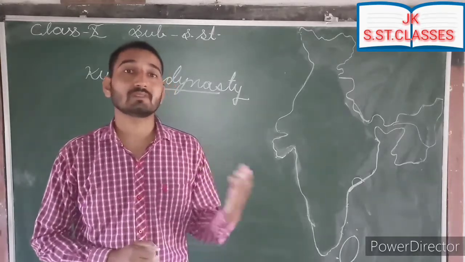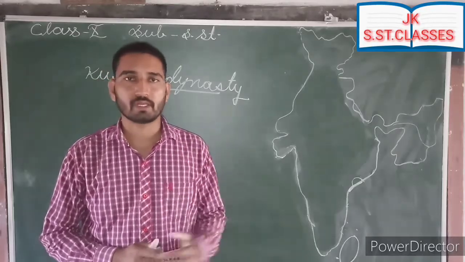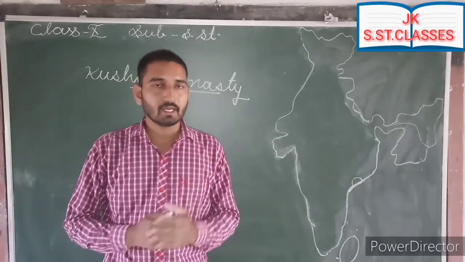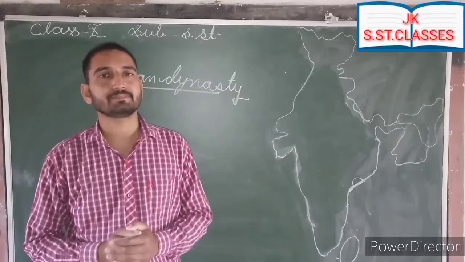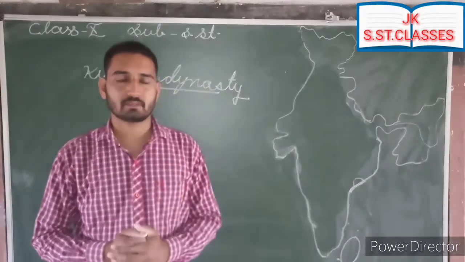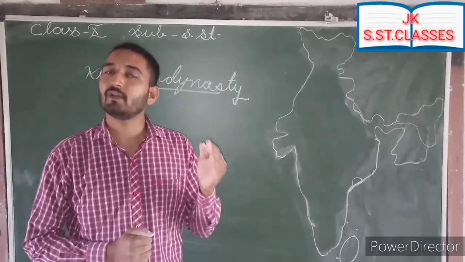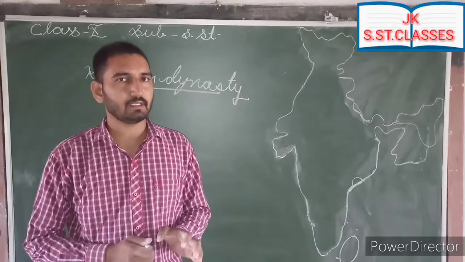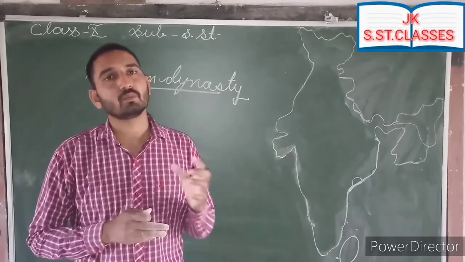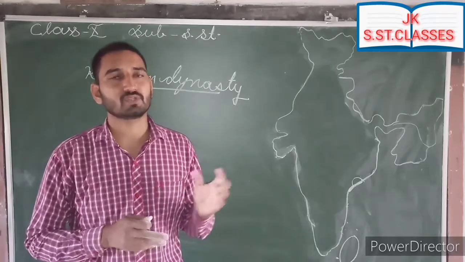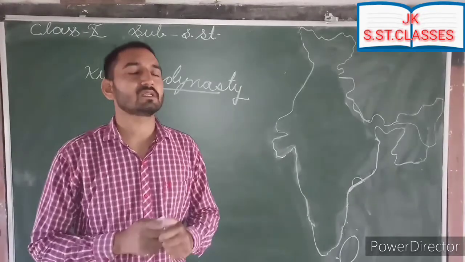In India, this dynasty was established by Kujula Kadphises and later promoted by his son Vima Kadphises, and finally the largest extension of this dynasty was at the time of Kanishka. Means we can say that Kanishka was the most powerful ruler of this dynasty.